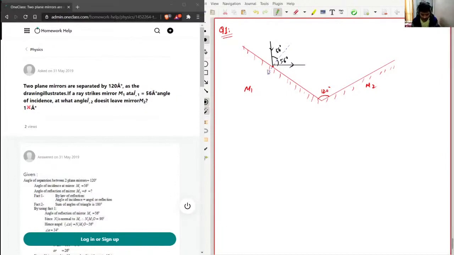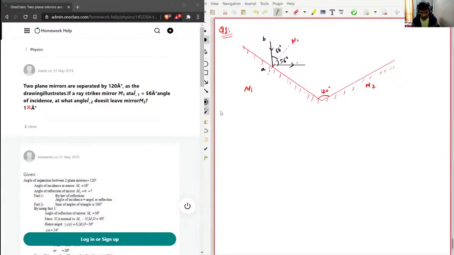So let's say this point as A, and let's say this is B, and let's say this as normal N1. I'll write this with red. So this is normal N1.